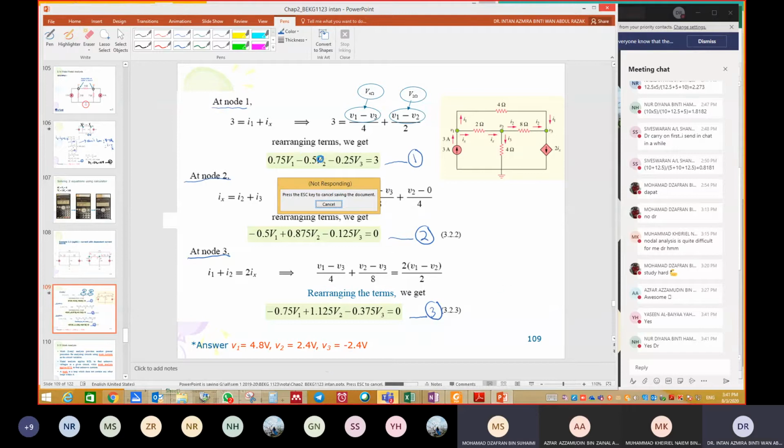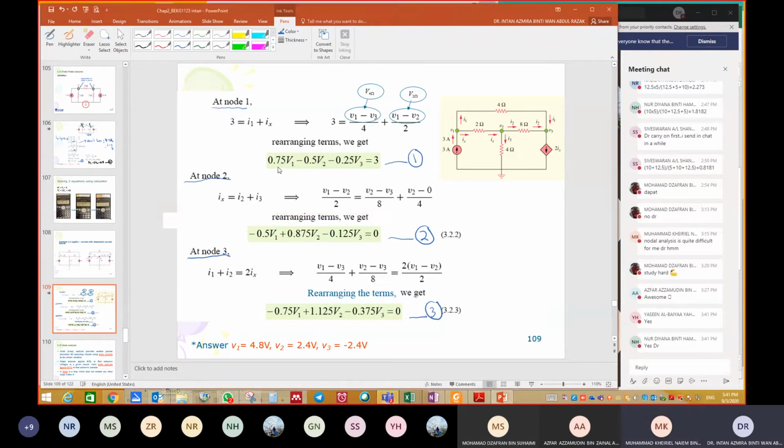Okay, please check your data in your calculator. Make sure A1 is equal to 0.75. A2 is equal to minus 0.5. Same goes for here, this is B1, B2. B2 is equal to minus. Do not leave out the sign of minus. Minus here, minus, put in your calculator.